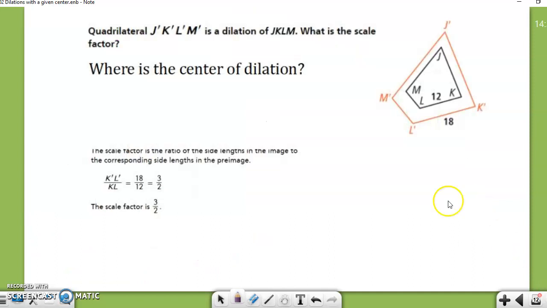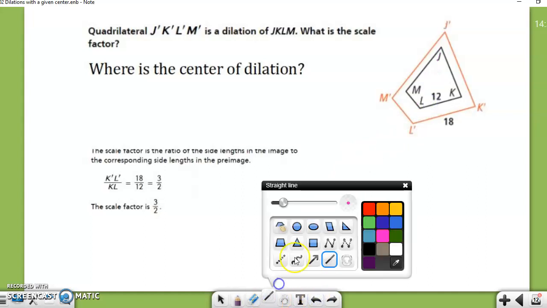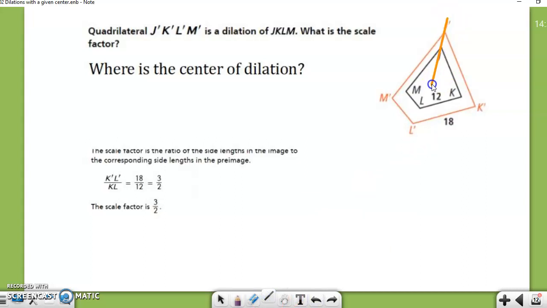All right, moving on. If we're going to find our center of dilation here, we would just connect J and J prime. Ooh, terrible, terrible, terrible. Okay, OCD is not going to allow that. So I'm just going to go ahead and try my best to do this.